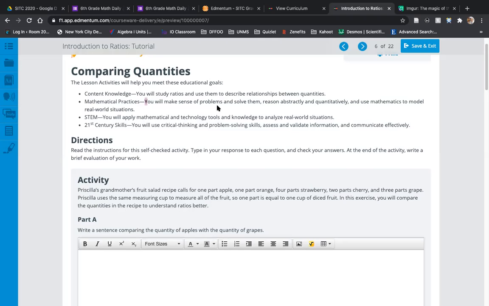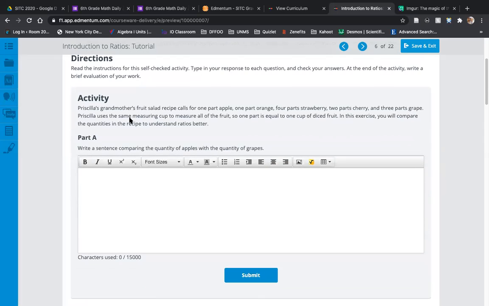Specifically, it's saying here that you're gonna make sense of problems and solve them. You're gonna reason abstractly and quantitatively and use mathematics to model real world situations. So these are just kind of like good math practices that mathematicians use on a daily basis. These are the ones that you're gonna do, all right? So, let's just get on to the instructions, okay?